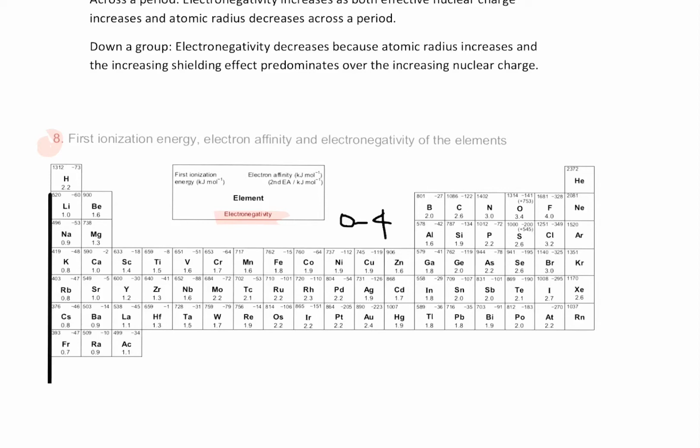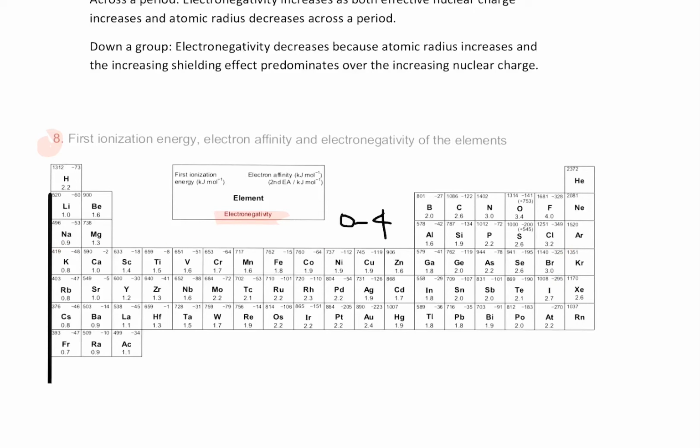See over here, hydrogen is 2.2. You see the values of electronegativity increase, and fluorine is the smallest atom actually. Because it's the smallest atom, it is the one that has the highest electronegativity. And you see down the group it decreases, and you see all the values.